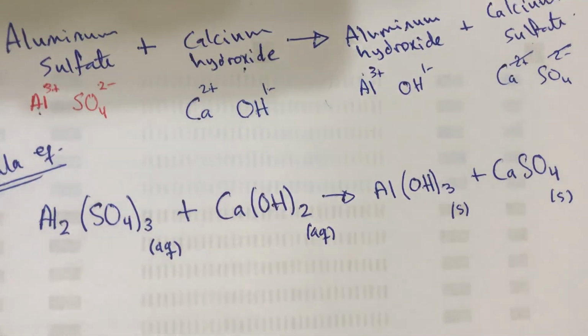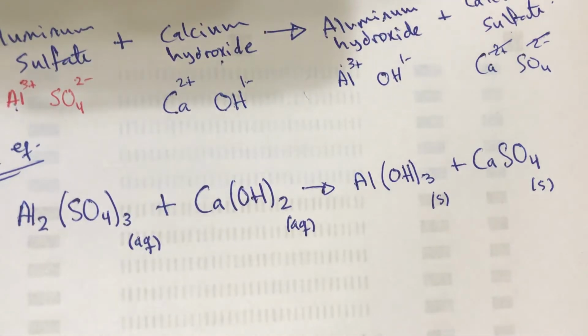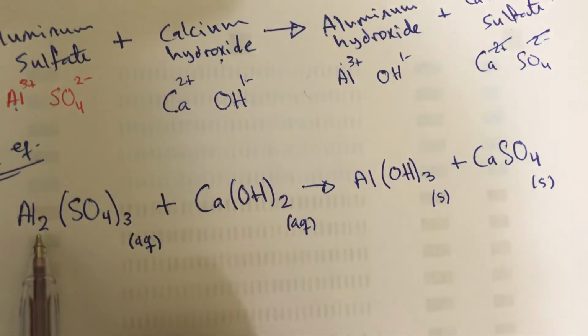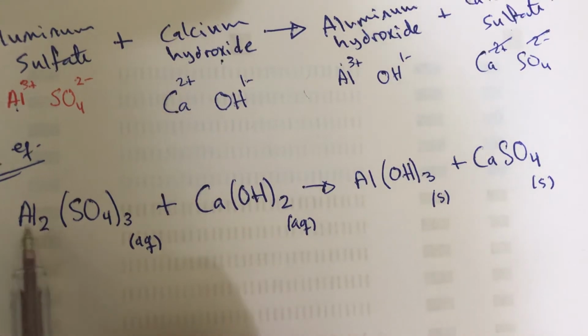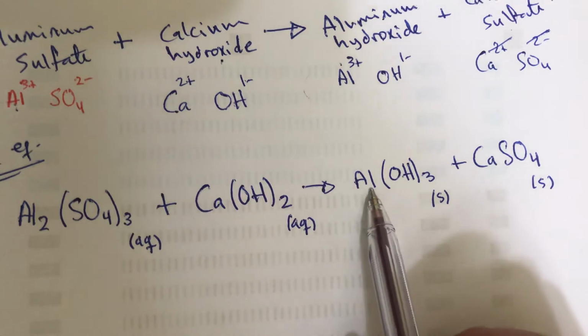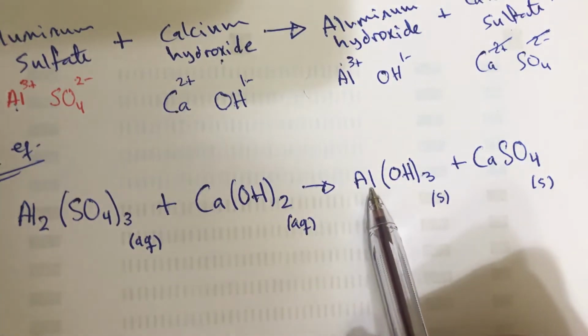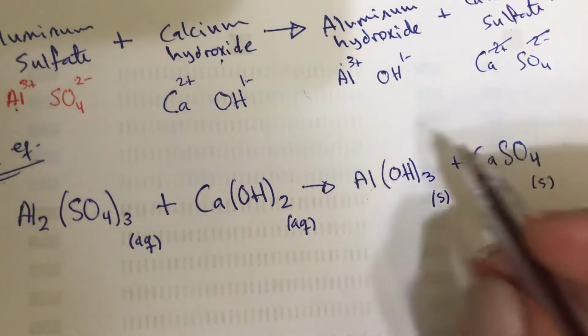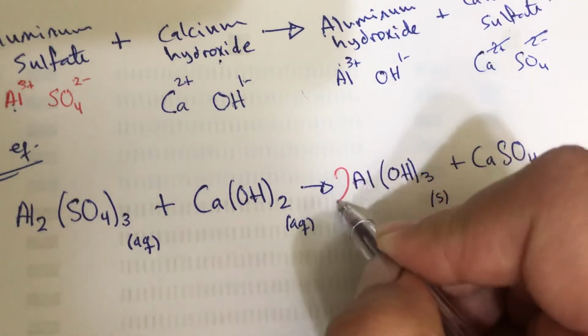Now after you write any equation, you have to balance. Here in the reactant, you have 2 aluminum atoms. Here in the product, you have 1. They must be equal to each other, so you have to multiply by 2.